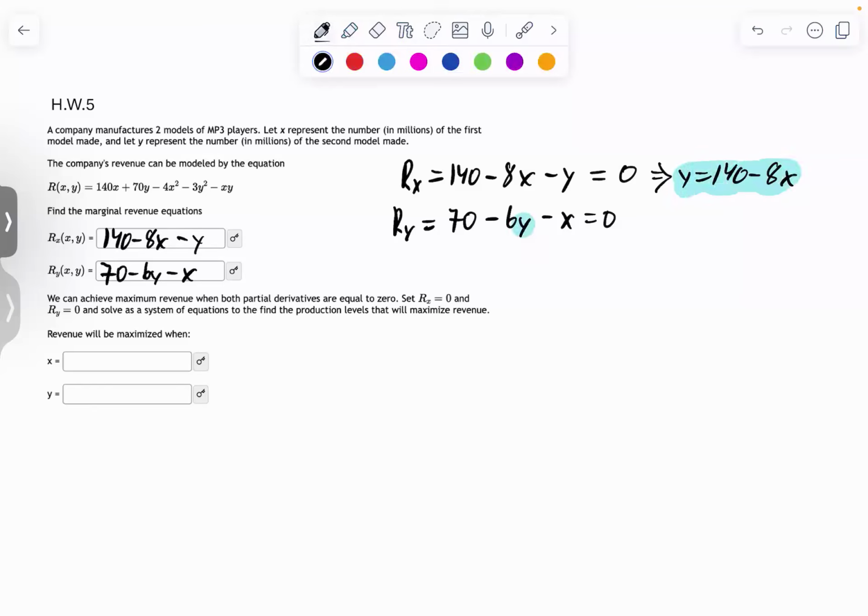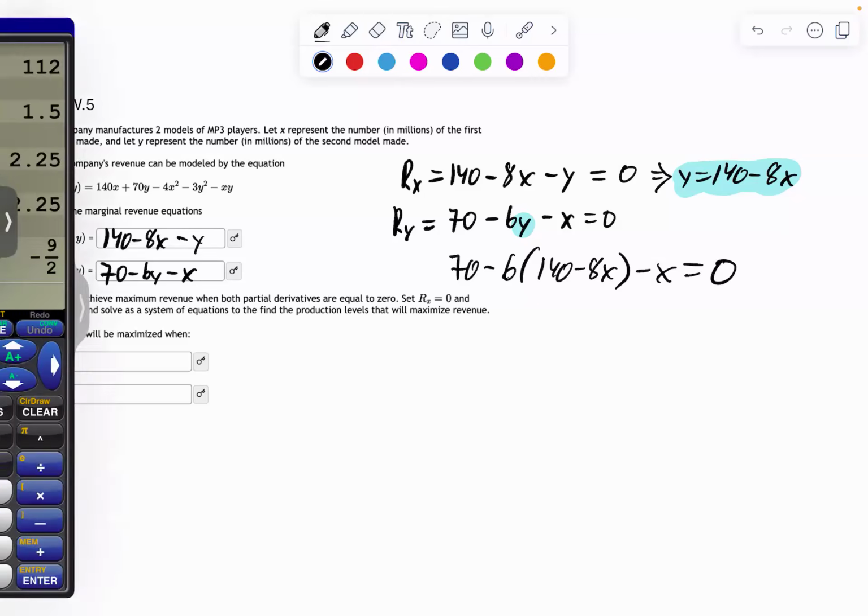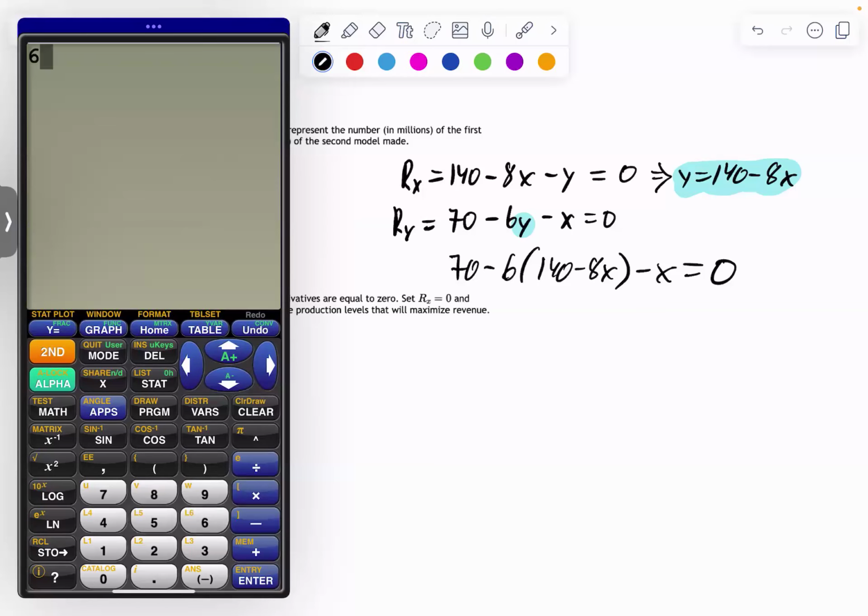And then hopefully we can solve this system. So we get 70 minus 6 times 140 minus 8x minus x equals 0. 6 times 140. So this becomes 70 minus 840 plus 48x minus x equals 0.